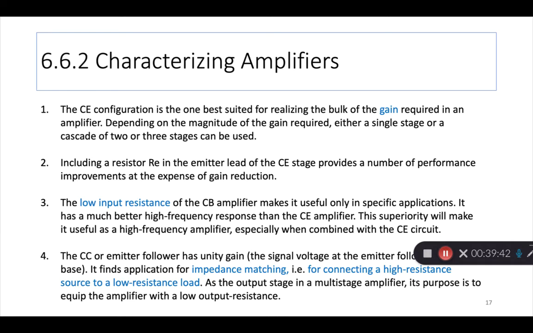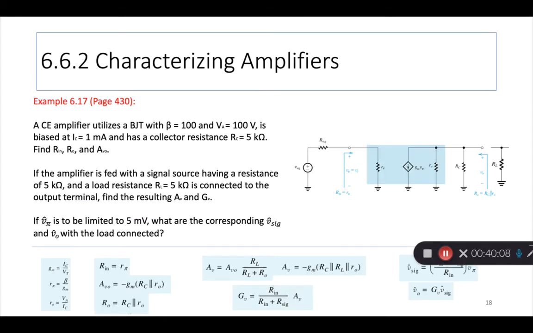The speaker always has a low resistance, low impedance. And so you can take your CE amplifiers, where the signal is now at a very high value, and that signal can be sent to the speaker, but you'll need the CC amplifier in the middle. Okay, so this is a good summary of all that we have studied so far.